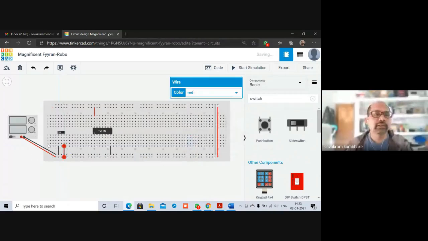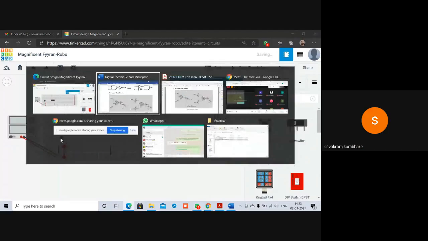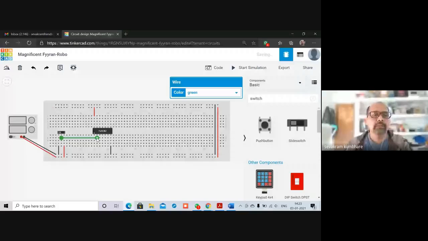The middle terminal will be connected to the input, that is pin number 2 as input A. This switch I will name as A, as it is an input connected to pin number 2.